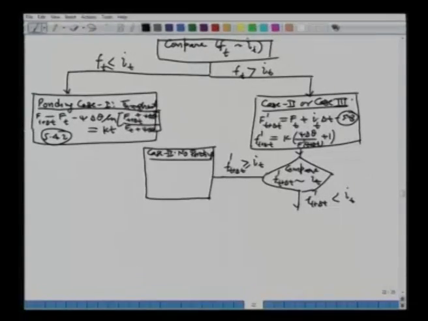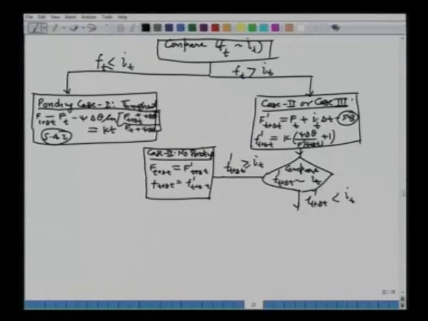And then we use the appropriate equations, and all we say is that f at the end of the time interval is nothing but whatever we had calculated, f prime at t plus delta t, and similarly F at t plus delta t is equal to F prime, which we have calculated already.